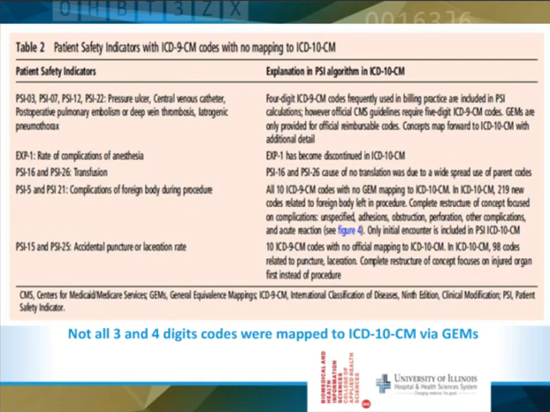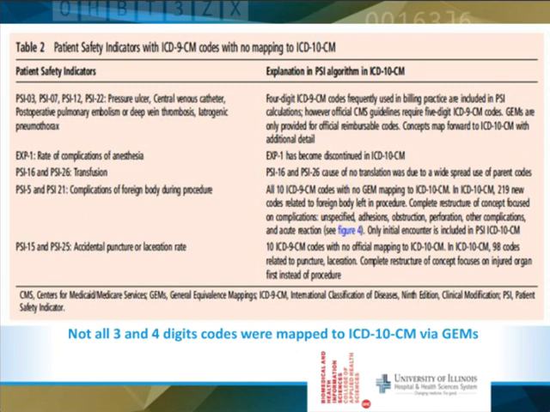So, for example, some of the ones with no mapping. As I said before, there are official 3- and 4-digit codes that are approved by CMS. However, not all of those 4-digit codes or 3-digit codes were mapped by the general equivalent mappings. Why they didn't do that, you can ask CMS.